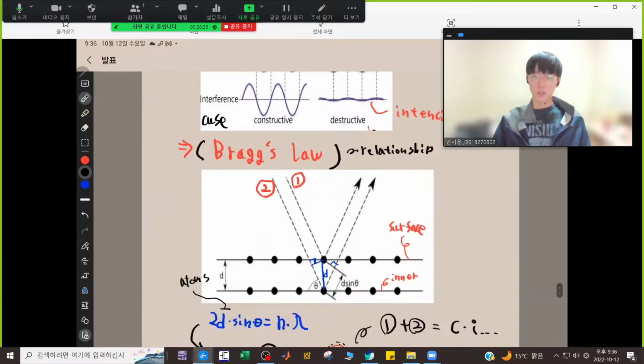Next is Bragg's law. Bragg's law is the relationship between the distance of two waves and the wavelength.